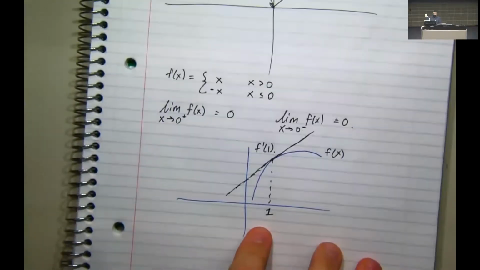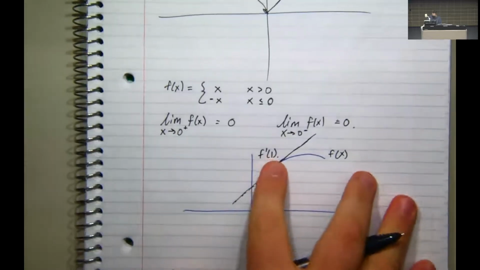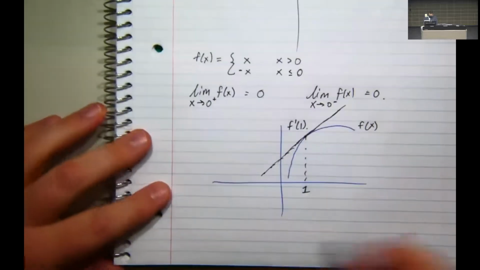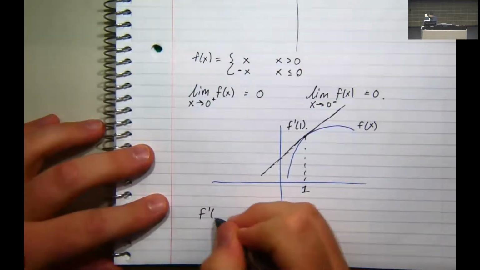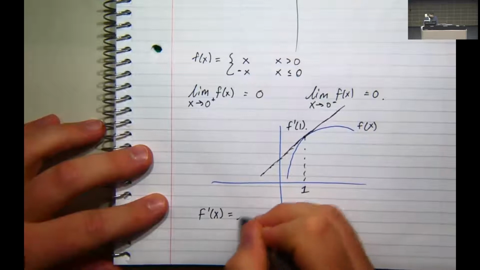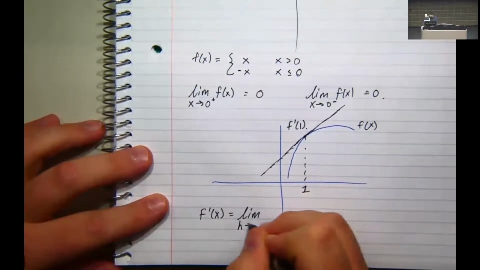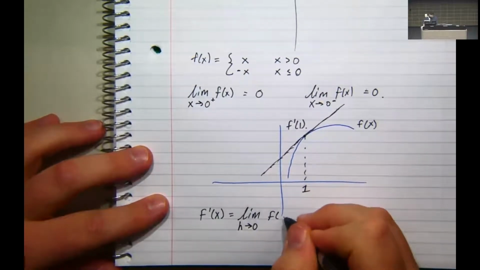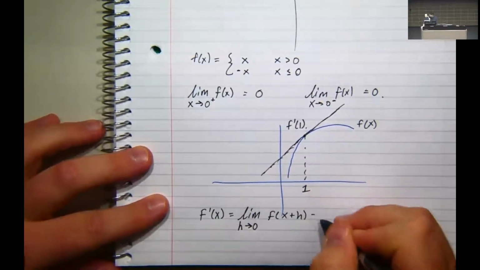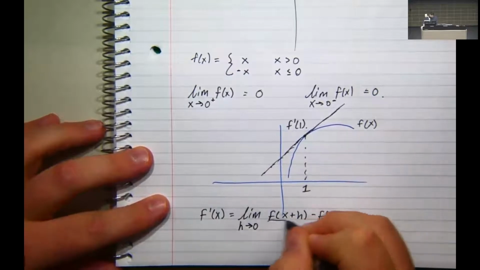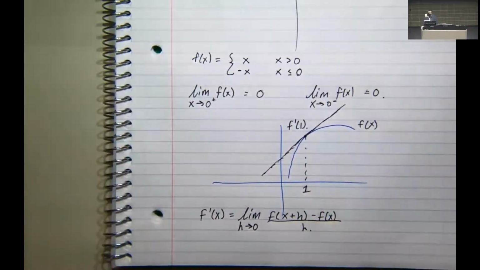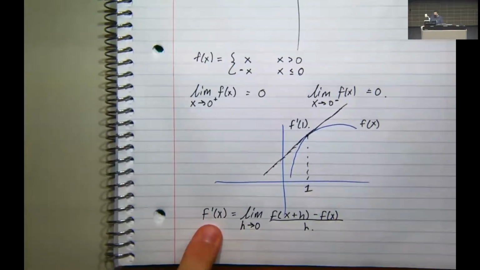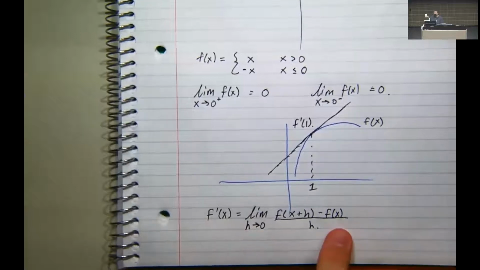One of the ways to find f prime at 1 is to use this equation: f prime at x is equal to the limit as h approaches 0 of f of x plus h minus f of x, all over h. So we're finding f prime at x, and one of the ways we can do that is use this limit.